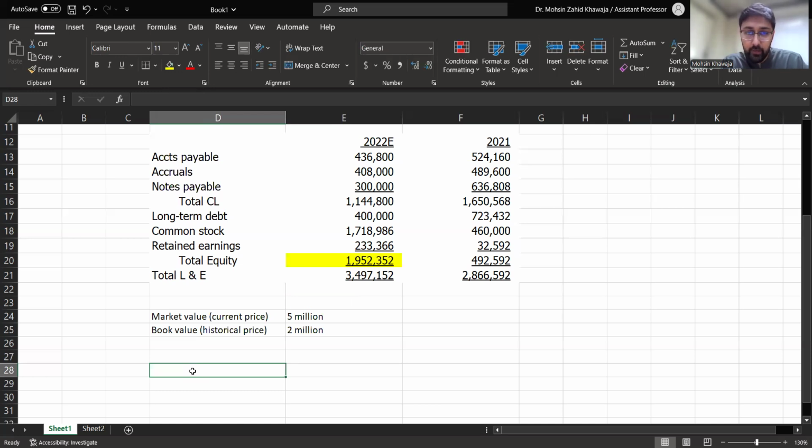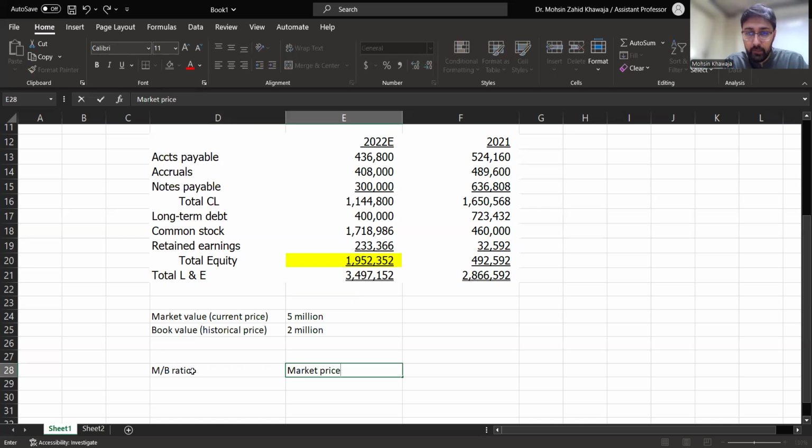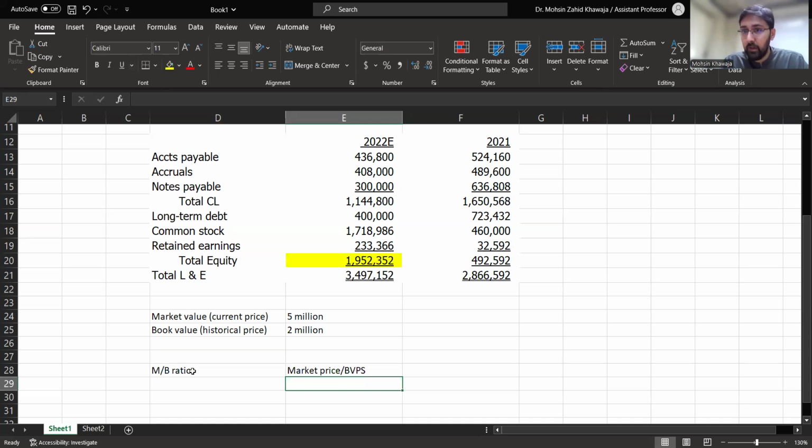So the numerator here, when we're looking for the market to book ratio, the numerator is the market price, and we divide it by the book value per share, right? So market price is an easy concept to understand because it's simply the price of the share. This is the price of one single share.